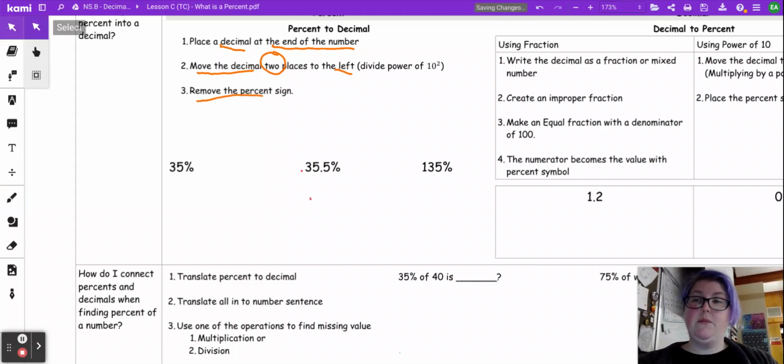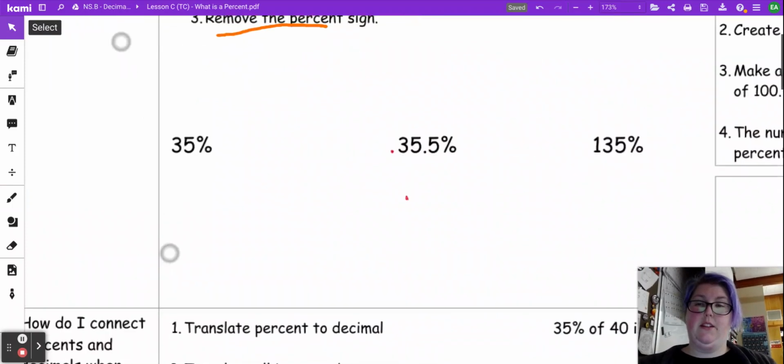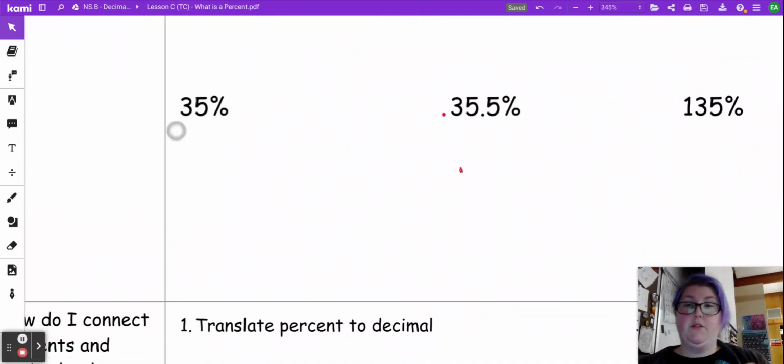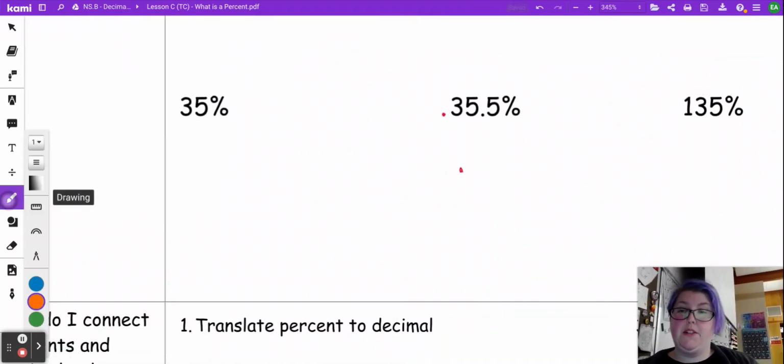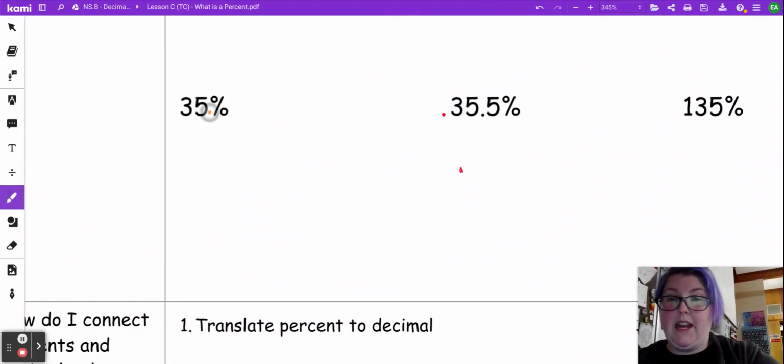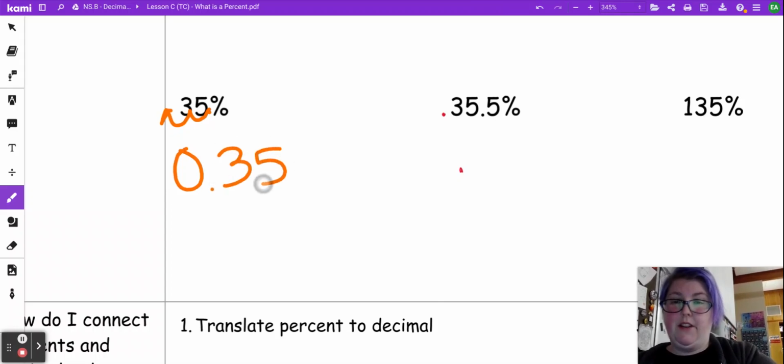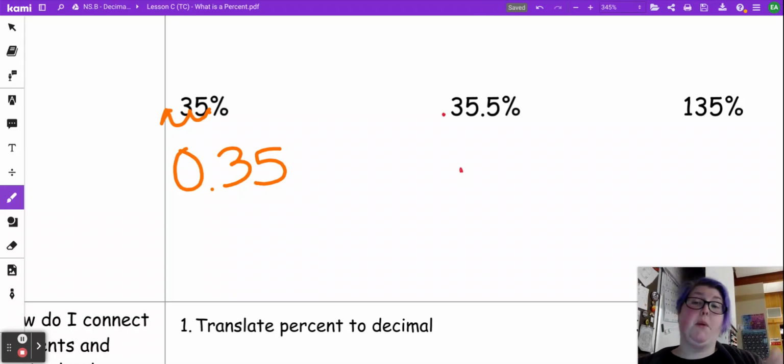So let's zoom in and look at these in great detail. So first we have 35%. So the very first thing that we do is we add the decimal, and then we move it 2 places to the left. We rewrite that as 35 hundredths because percent means per 100, so we're going to the hundredths place.